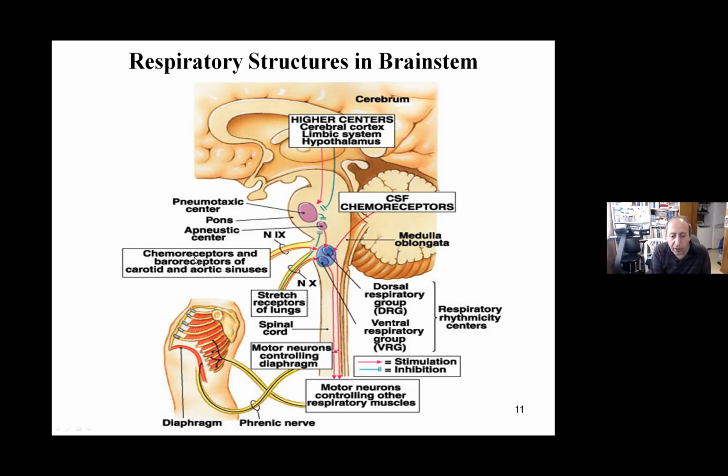There's also innervation from chemoreceptors and baroreceptors. There is continuous input to tell the respiratory center what the level of oxygen in the blood is, what the pH is, and what the blood pressure is, so that the respiration is adjusted accordingly.